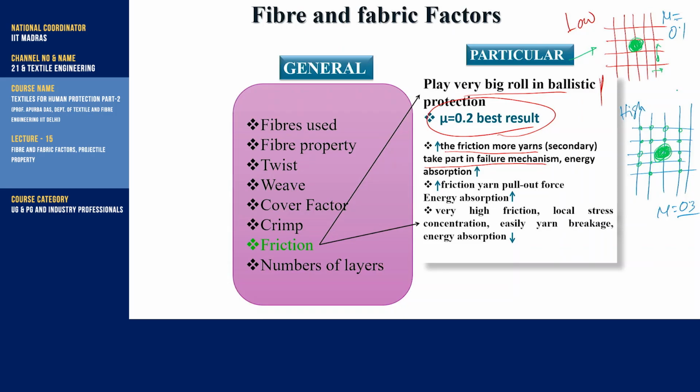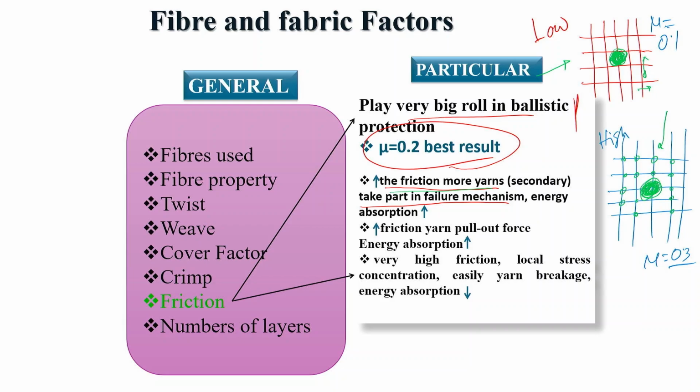Here this will act as a unit. So, when the load is coming into a particular thread, it will take the other threads. So, with more friction, more and more yarn will take part in absorbing the energy. In that case the total ballistic protection will be increased.